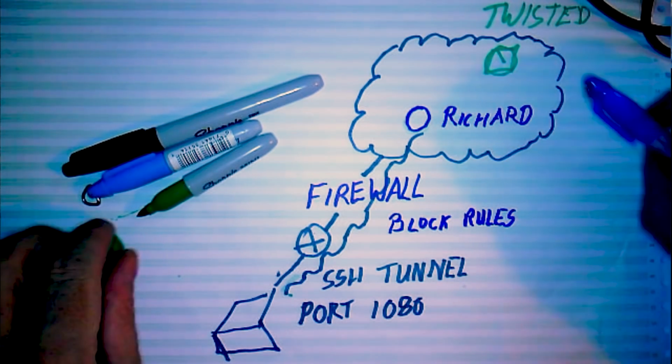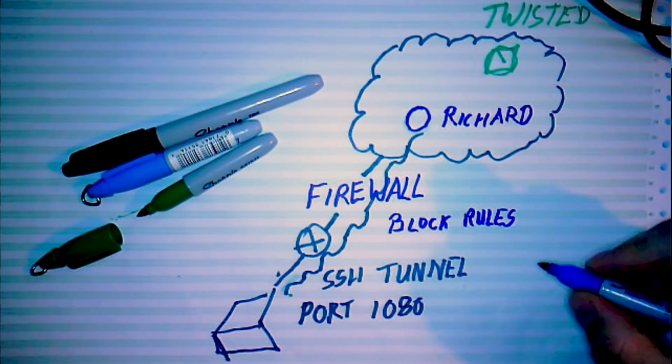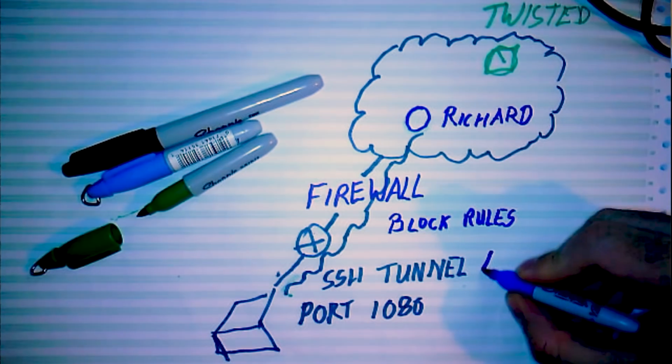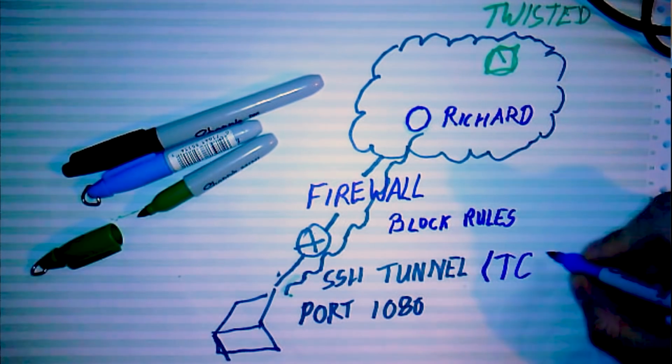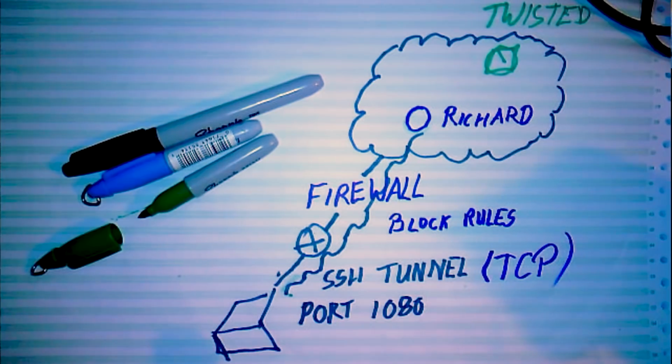Because what we're doing is, this SSH tunnel uses TCP. So TCP is a lossless protocol. TCP ensures that packets that are lost are retransmitted. And that's fine, that's TCP's job.